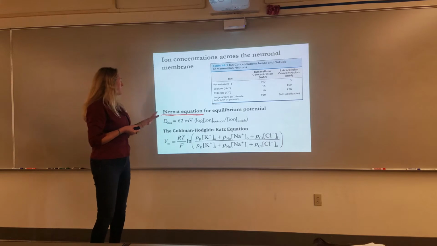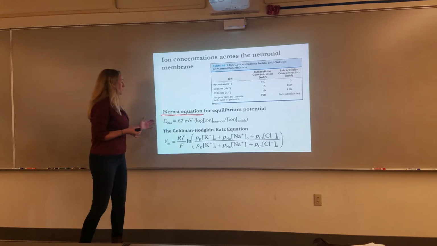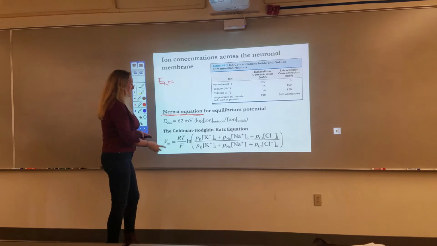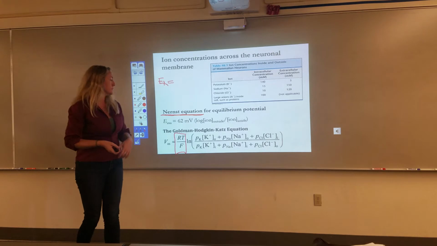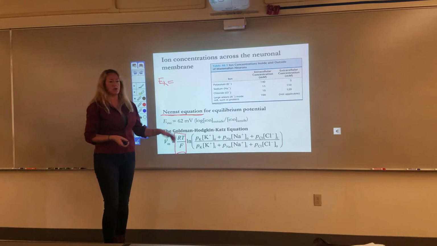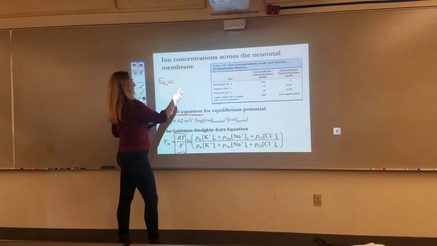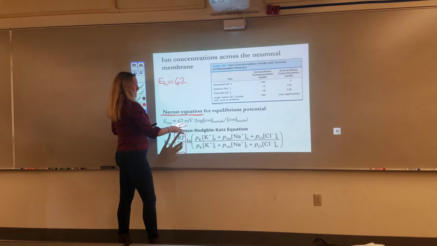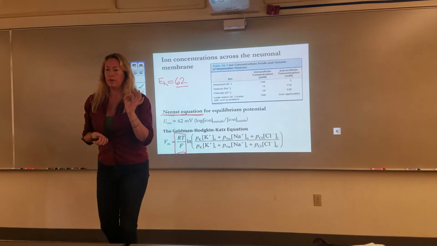And so we went over potassium and sodium, and this is just showing how we calculate that. If we were to do it for potassium, we would say EK is equal to 62, a constant from the gas constant, temperature, and Faraday constant, all the constants we plug in. Then there's the valence of that particular ion, the charge.